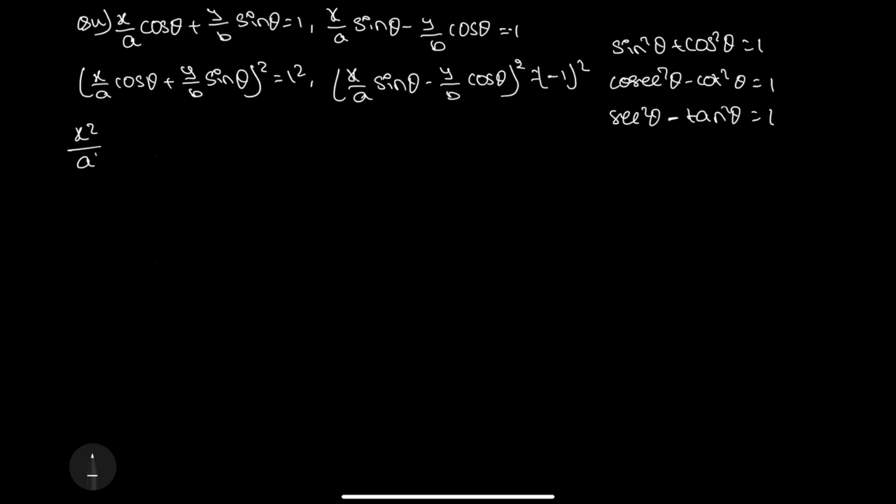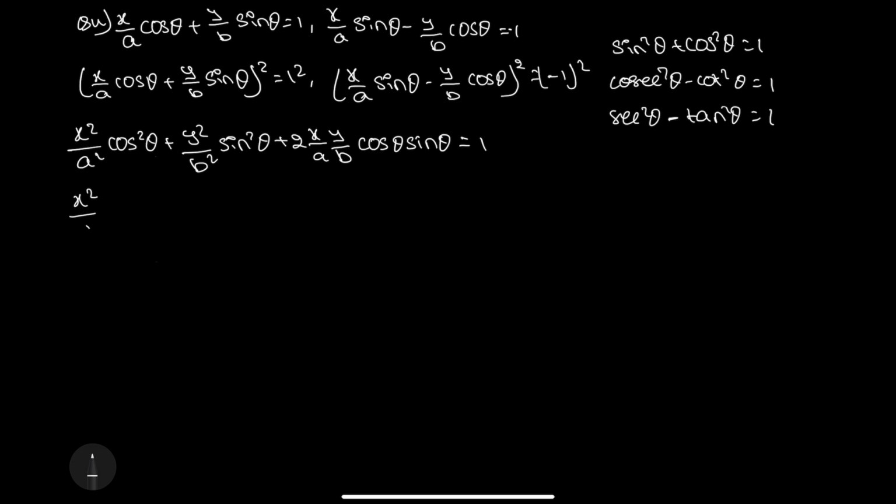We'll get a square, which is x square by a square cos square theta, and y square by b square sin square theta, plus 2ab of xy by ab cos theta sin theta, is equals to 1. 1 square is 1 only, and for the second term we'll get x square by a square sin square theta plus y square by b square cos square theta minus 2ab. Because it is a minus b whole square, we'll get a square plus b square minus 2ab, and minus 1 whole square is plus 1 only.